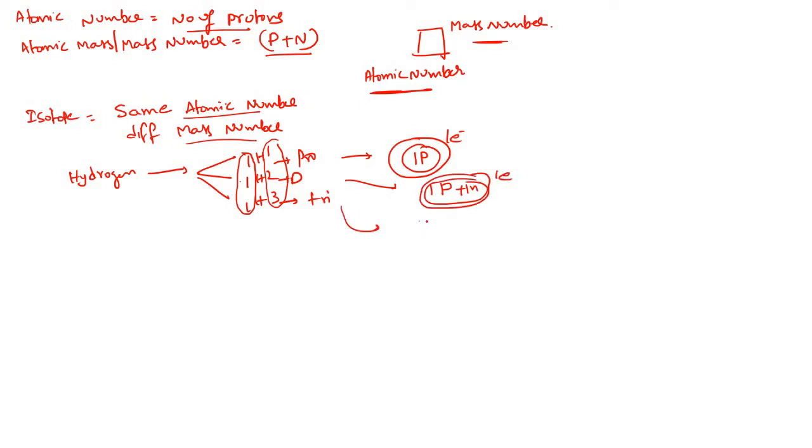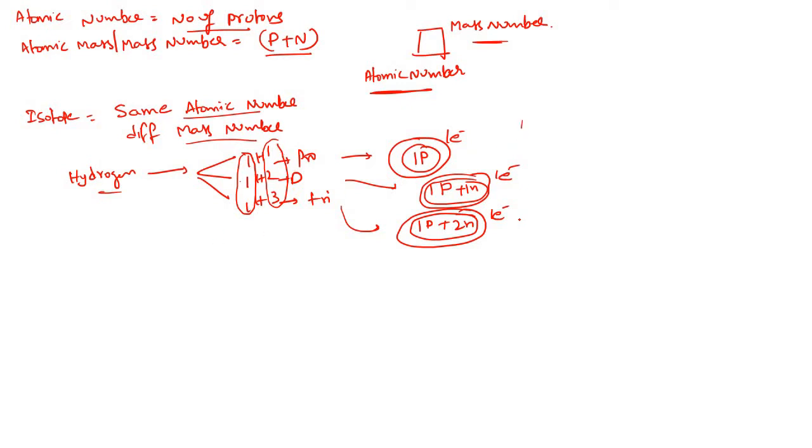If you see tritium, there will be one proton plus two neutrons in the nucleus, which is surrounded by one electron outside. Okay, so for hydrogen we have three isotopes, protium, deuterium and tritium, and their atomic numbers are same but their atomic mass or mass numbers are different.